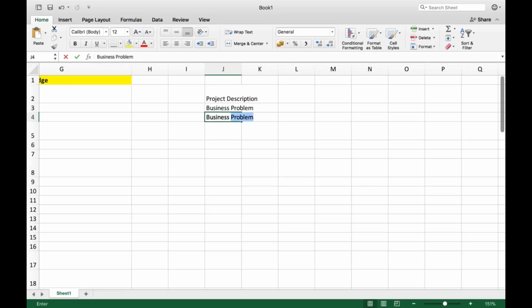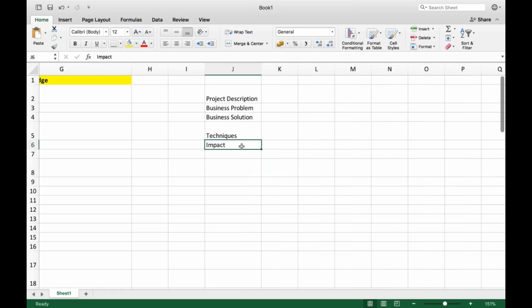What is the business solution that you provided, which can also include the techniques that you have applied, and what was the final impact for the customer? What was the business impact? It reduced their overhead by 10%. It reduced the number of loan defaulters by 2%. In that way, you have to clearly mention the impact. So these five things should be there for each and every project that you mention.